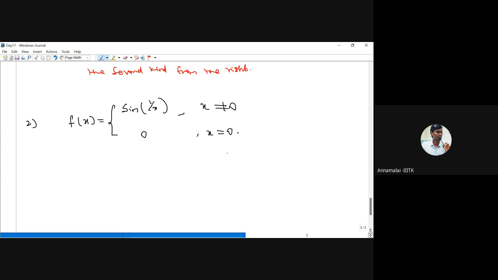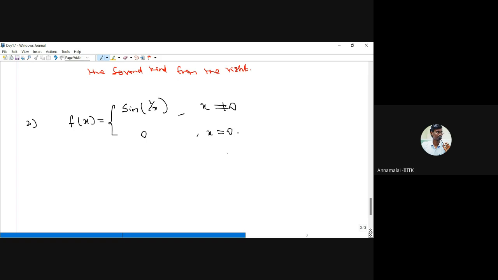We can find two different sequences xn converging to 0, but sin of 1 by xn may be sometimes 0, sometimes 1. Therefore, even if we take the positive side, this limit does not exist. Even if we take less than 0, again it does not exist.